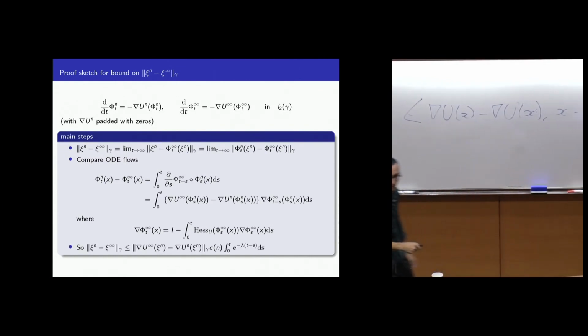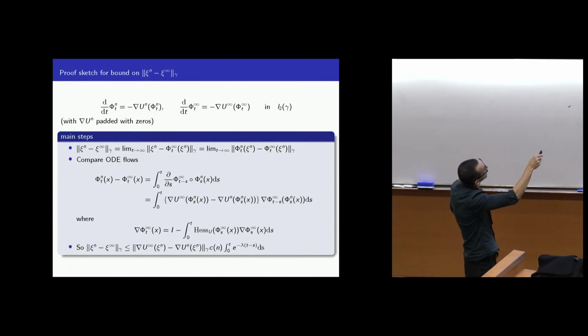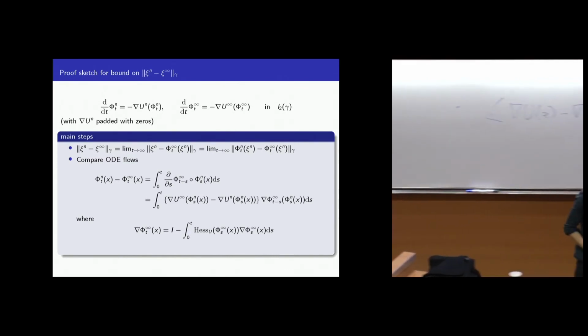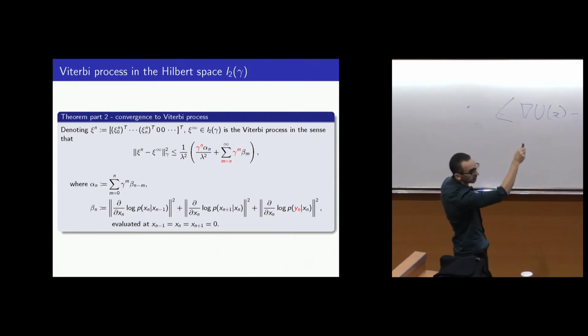And then moreover, if you remember, how did we get to this object in the first place? Well, we said that each of the elements of this vector field converges to the element of that as n goes to infinity, right? So as n grows, this thing is going to go to 0. And in fact, because of the way that the weighting with the gamma comes in, that's what gets me this gamma to the power n up there.